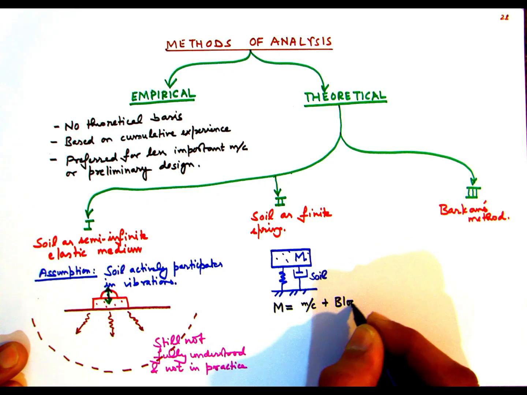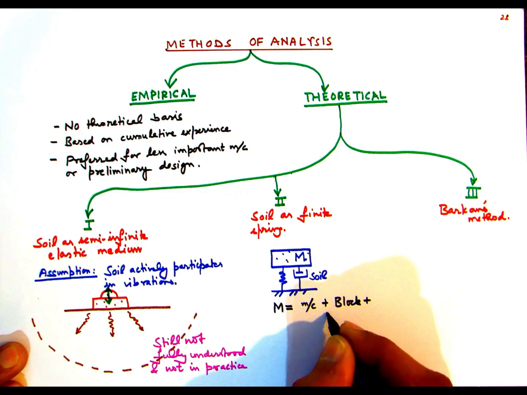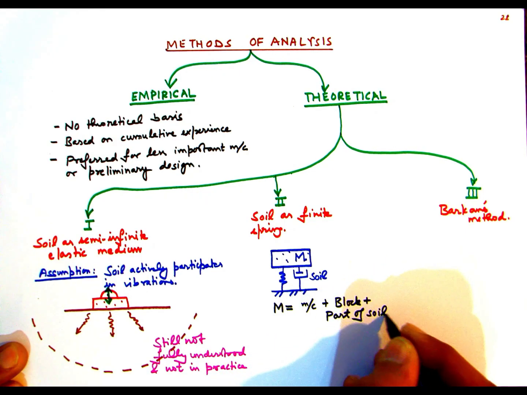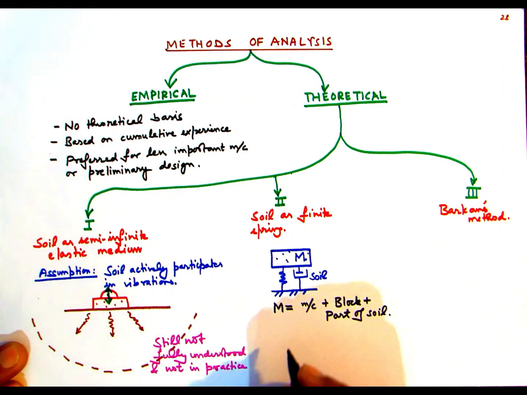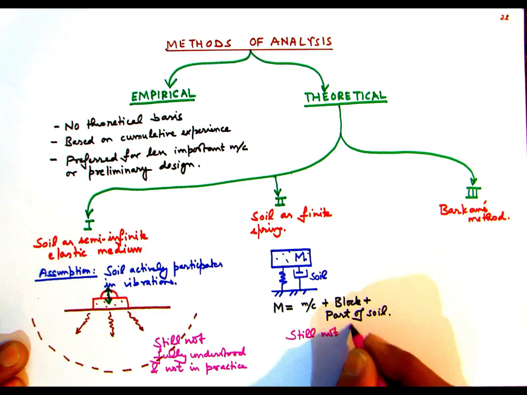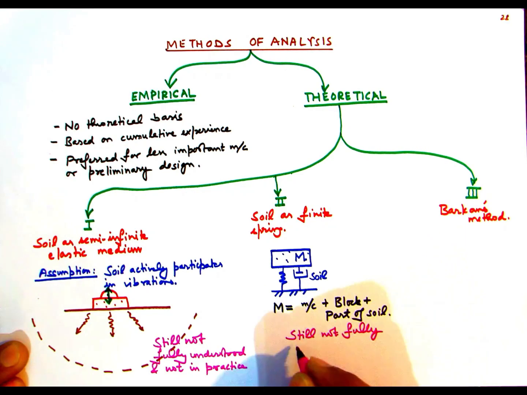Here the mass of the soil participating in vibrations is also considered. So that makes the process a bit difficult. So as of now, for this method also, the understanding level is not very high, and still this method is not in the mainstream practice.